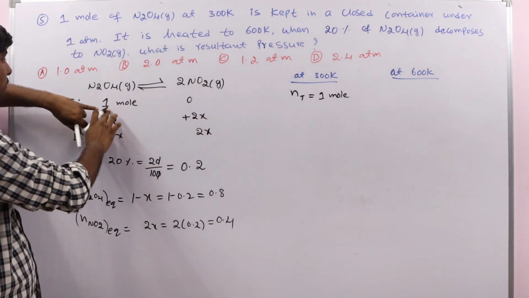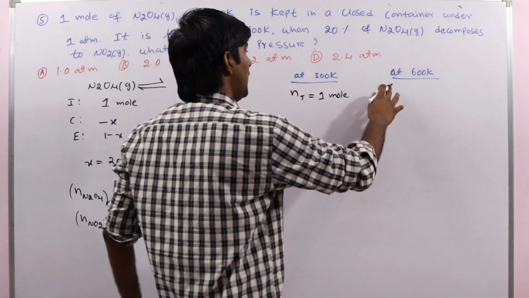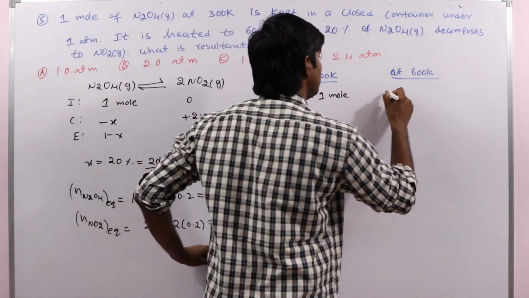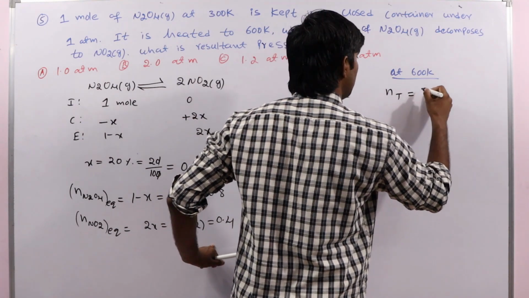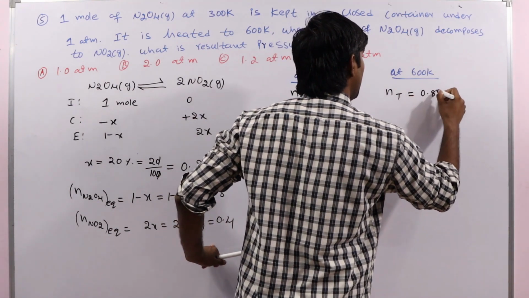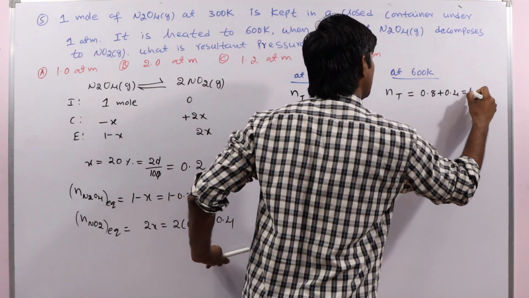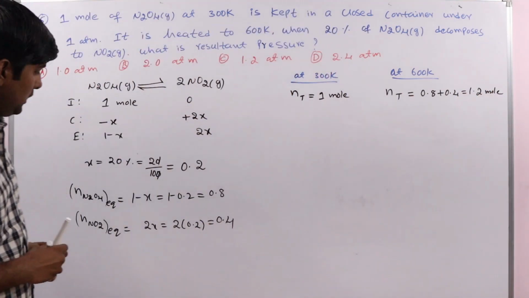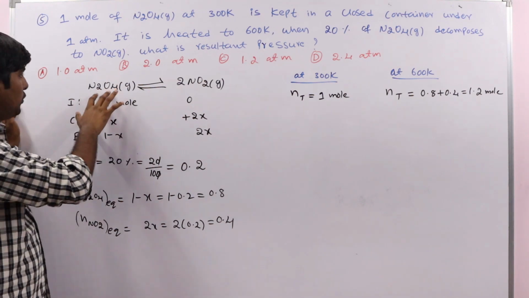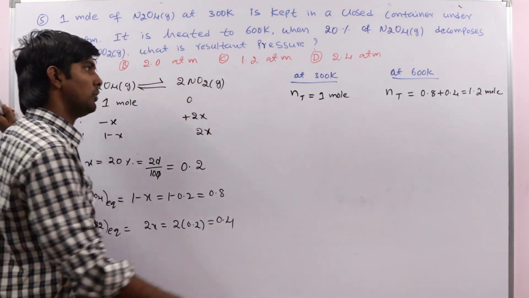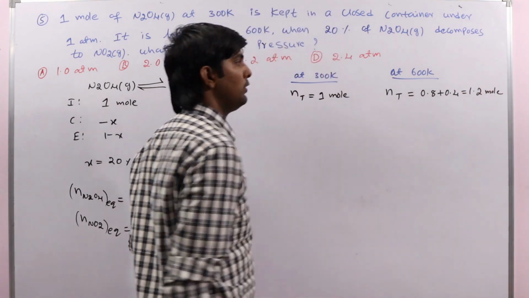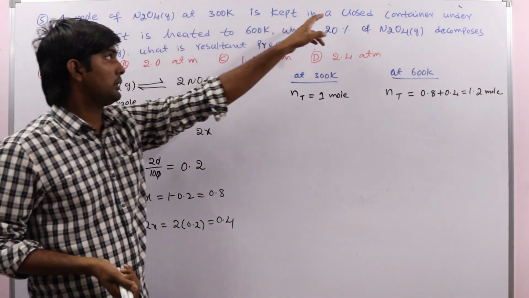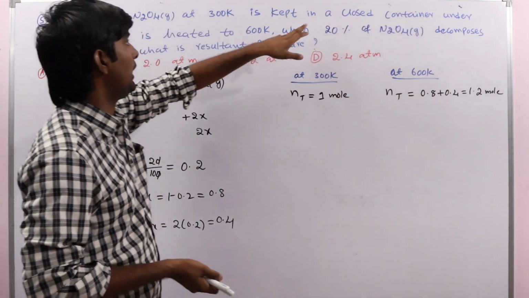At 600 Kelvin, N total is 0.8 plus 0.4, equal to 1.2 mole, because at equilibrium we have both N2O4 and NO2. Now see here, it is kept in a closed container.